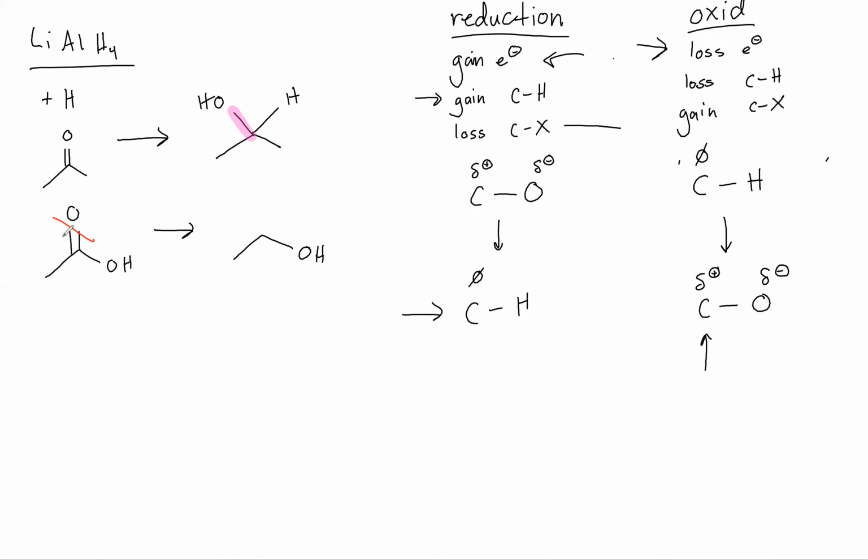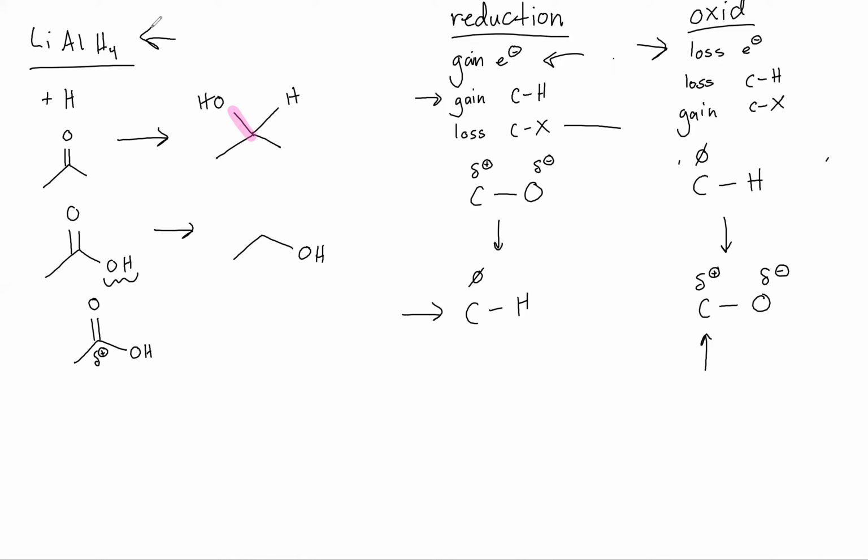And this is because of when we talked about before, whenever we had a double bond oxygen, that carbon there is going to be partially positive, and if we have a good leaving group right here, the OH in a carboxylic acid, as far as lithium aluminum hydride goes, we consider that a good leaving group.